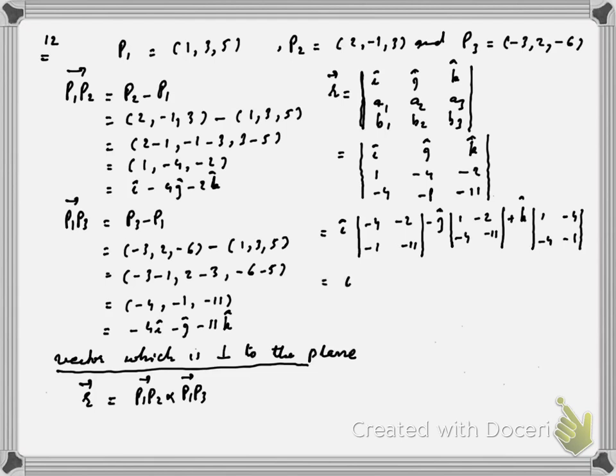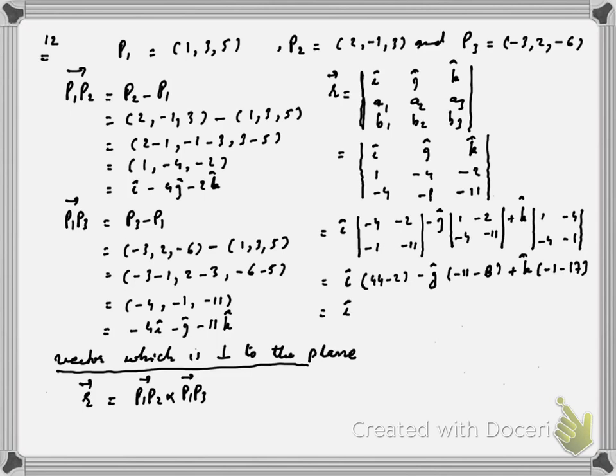It is equal to i cap into 44 minus 2, minus j cap into minus 11 minus 8, plus k cap into minus 1 minus 16.